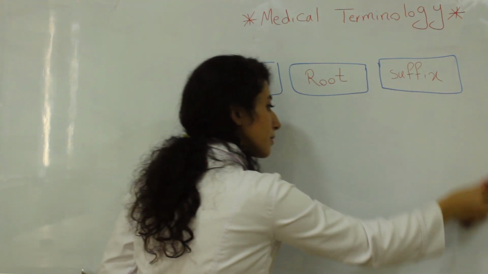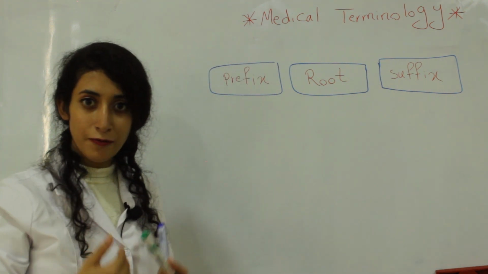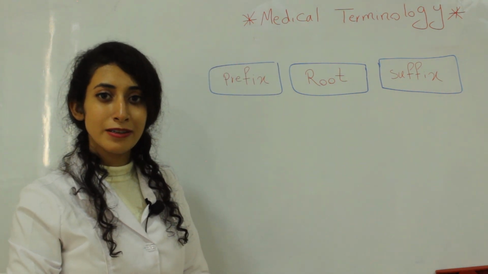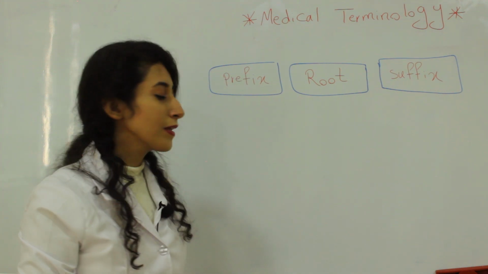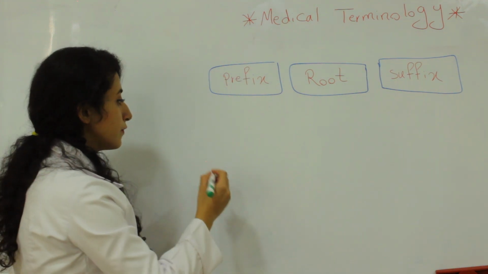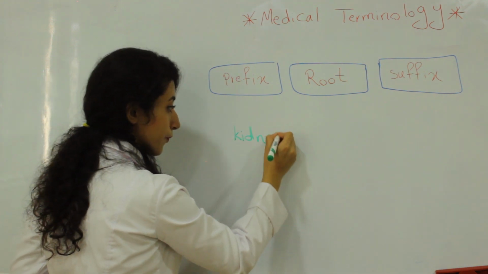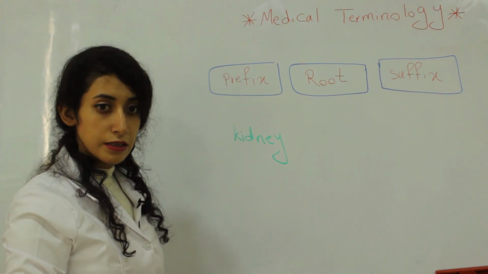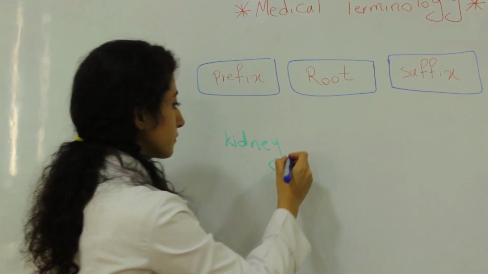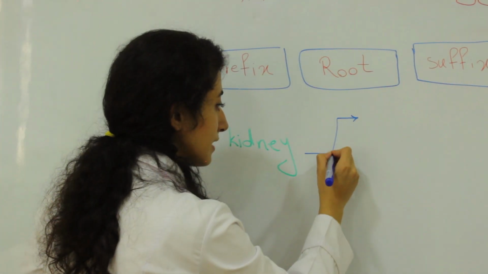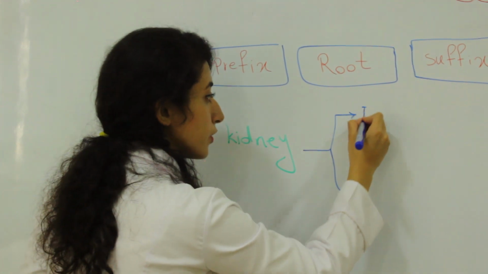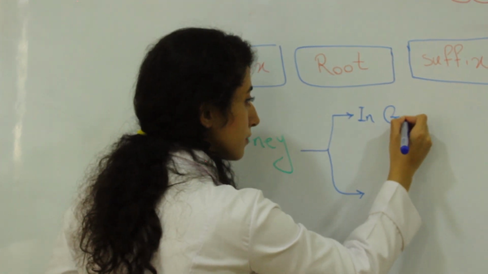Now I wanna talk about the last part of this series, which is about roots. We have different roots in Greek and in Latin also. For example, kidney has different roots in Greek and in Latin.